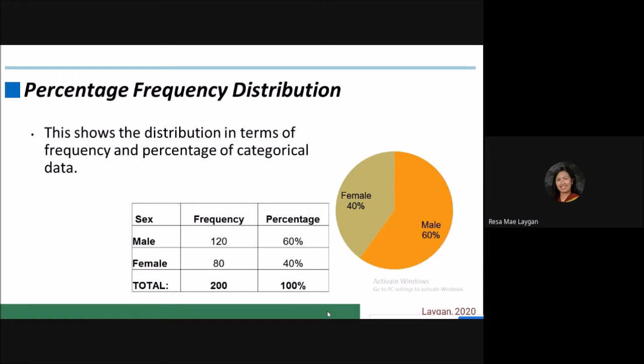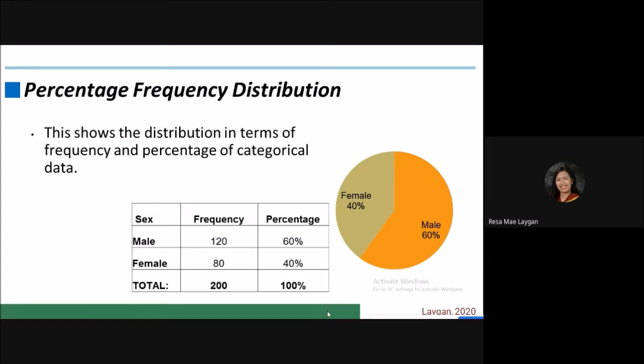For example, sex. We categorize sex into two: male and female. So here, based on our data collected, we have 120 male respondents, or 60% of the total respondents, and we have 80 female respondents, or 40% of the total respondents.